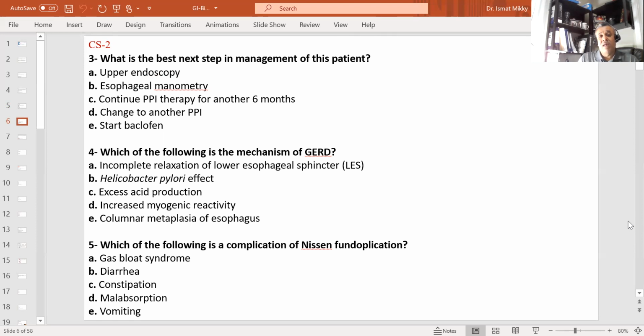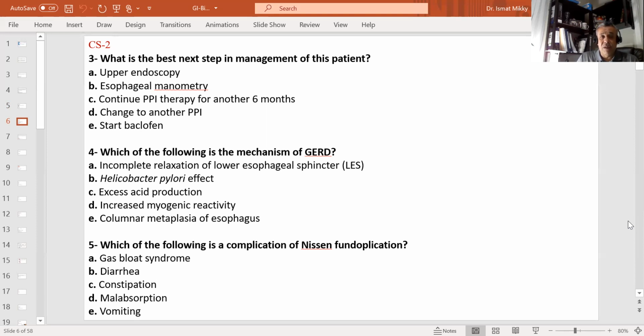So the patient clearly has refractory GERD despite optimal medical therapy. And in addition, no longer wishes to take medications. So the patient needs a surgical or endoscopic procedure to tighten his lower esophageal sphincter, the LES.